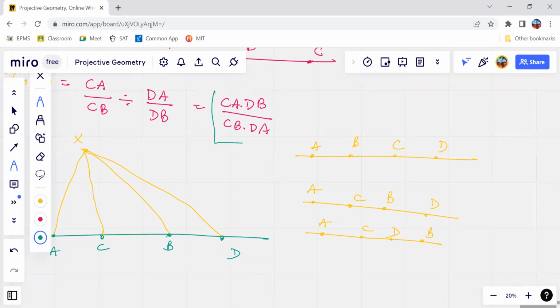We're just going to use this definition. Okay, so for the first one, what is it? Positive. Yes. CA is negative times DB, which is also negative. Then CB again negative, and then DA again negative. So the overall thing is positive. And what about this case?